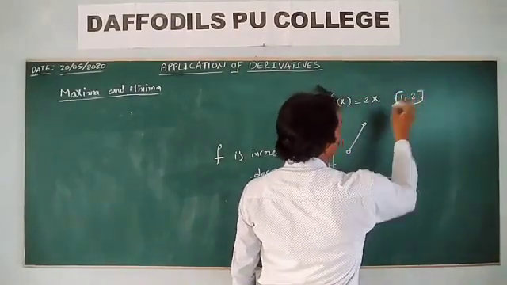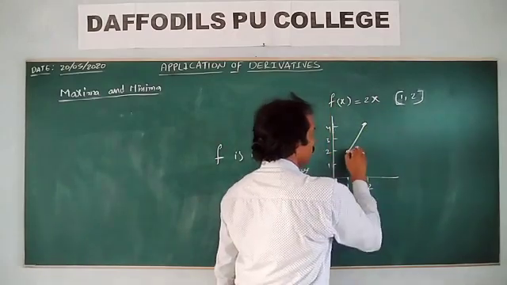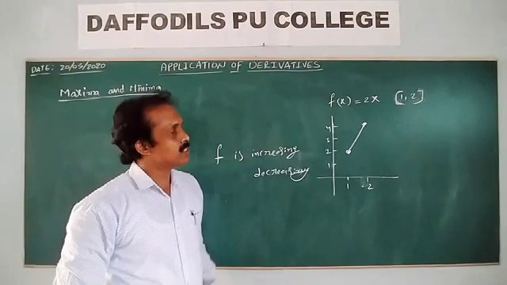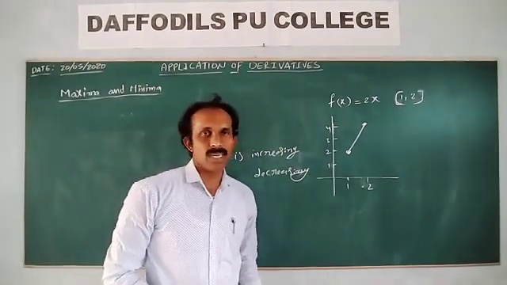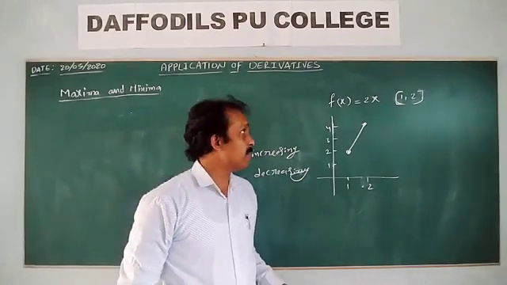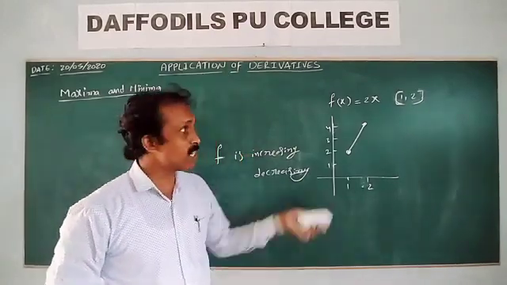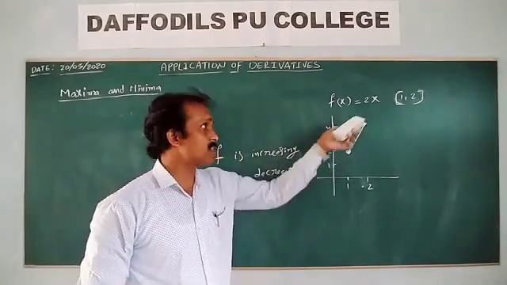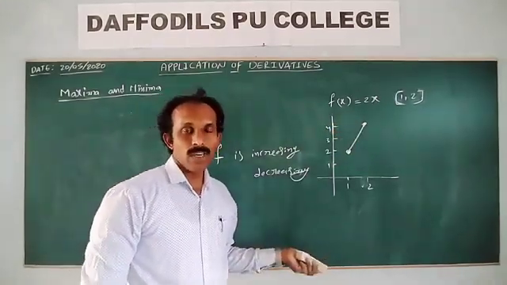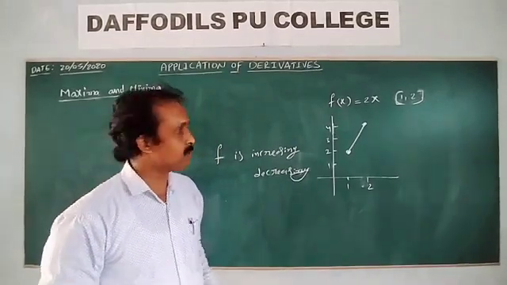Then this is the maximum value and this is the minimum value. So a monotonic function assumes a maximum value and minimum value. Like that, a continuous function on a closed interval also assumes a maximum value or minimum value.